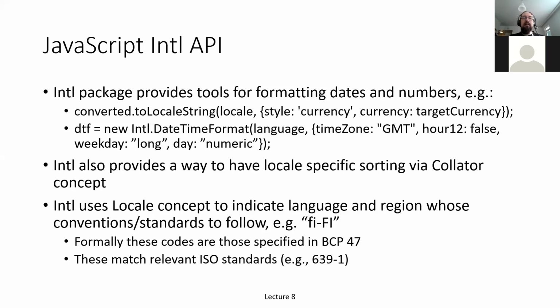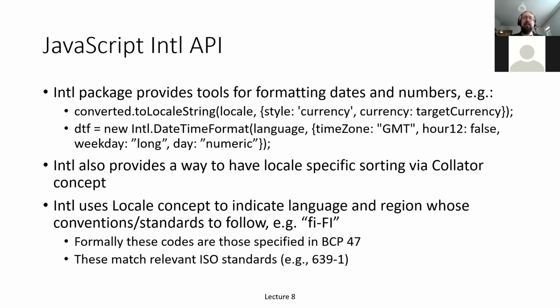And the locale concept is there. You have a separate class for that, and the definition says that these language and culture codes are what is specified in BCP 47. You can just Google that and access it.